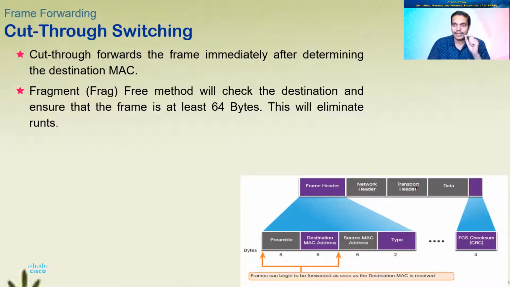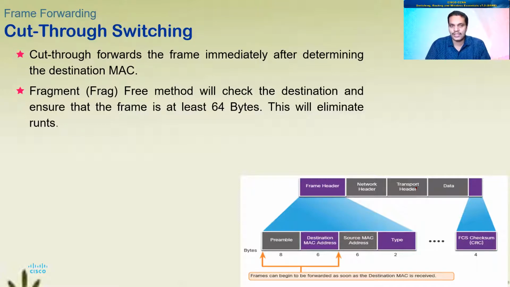There is a variant which is slightly better in terms of forwarding error frames, called fragment-free switching. It also does not wait for the entire frame to be received, but it will wait until it gets the type field, and we will check whether the frame is at least 64 bytes or not.